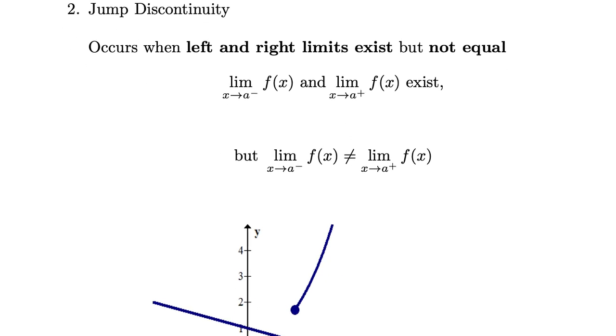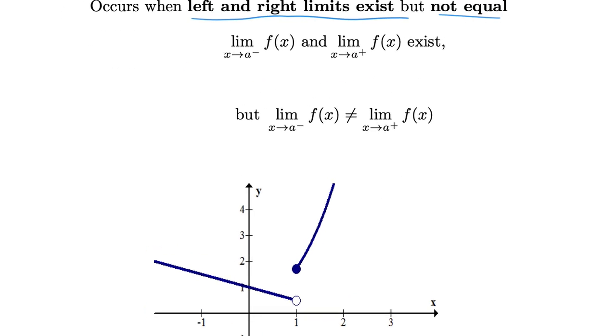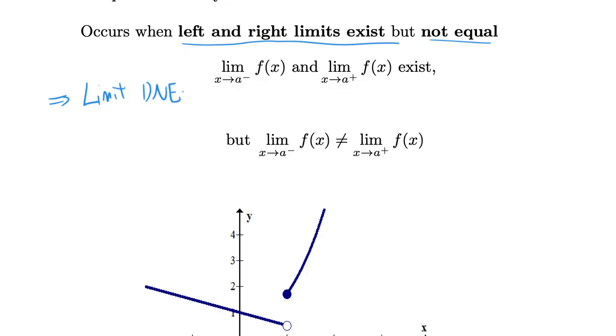Now, the jump discontinuity is when the left and right limits exist but are not equal. And so this directly implies that the limit does not exist. And as mentioned earlier, if the limit does not exist, then there is no way for the value to be equal to it.